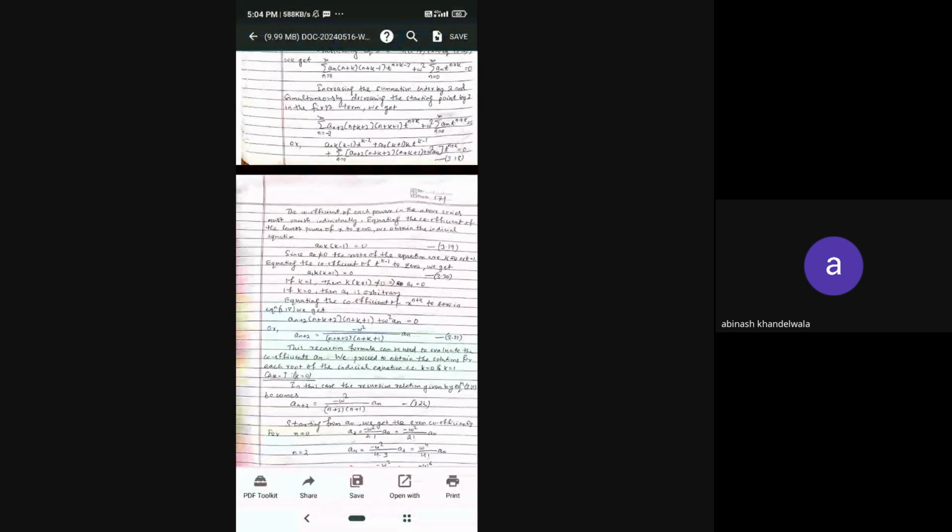Now the coefficients of each power in the above series must vanish individually because t to the power k minus 1, t to the power k minus 2, t to the power n plus k, these are non-zero.